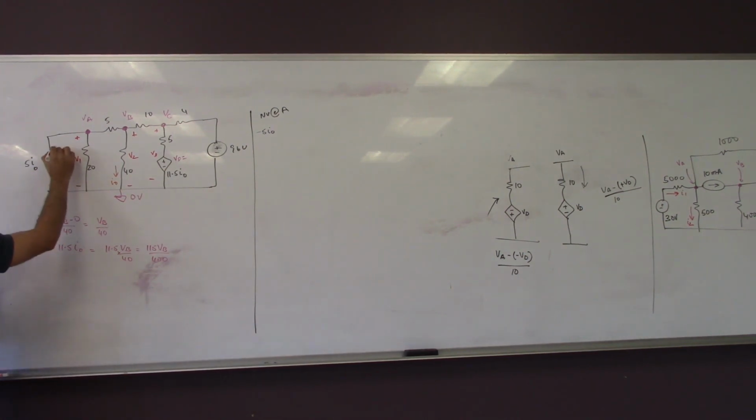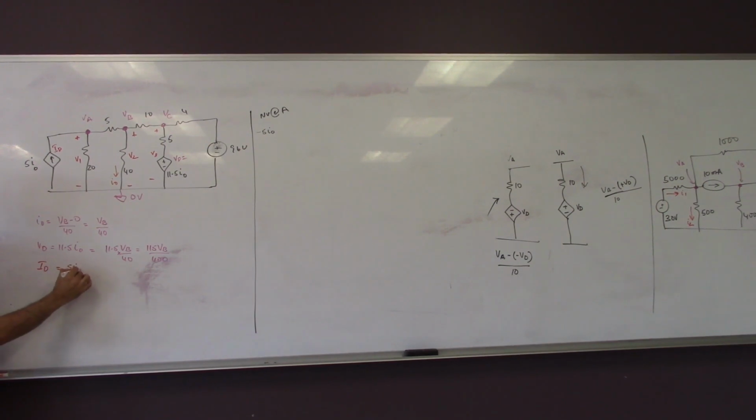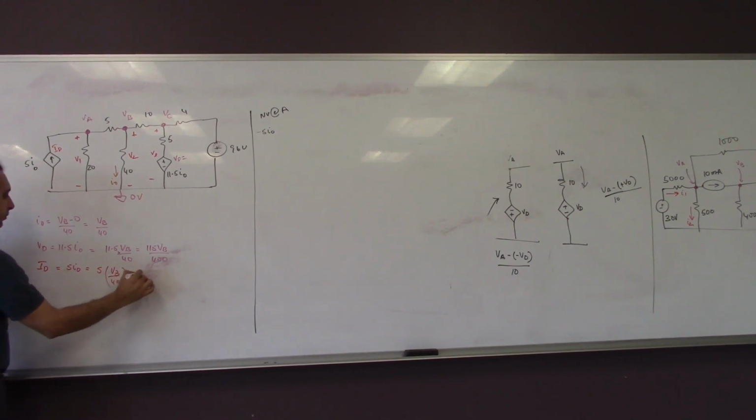I forgot to label this. Just as you have VD, there is also ID. In our case, ID, which is equal to 5 times I naught, will be 5 times VB over 40. So that is nothing but VB over 8.